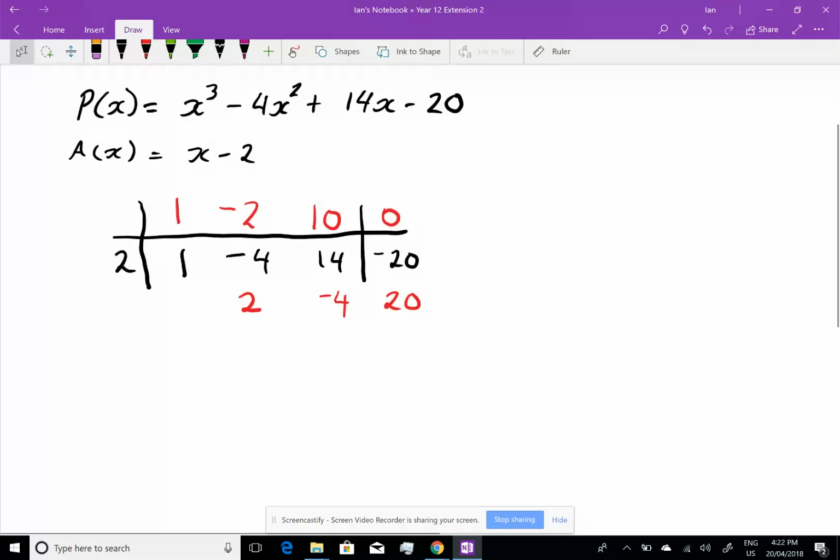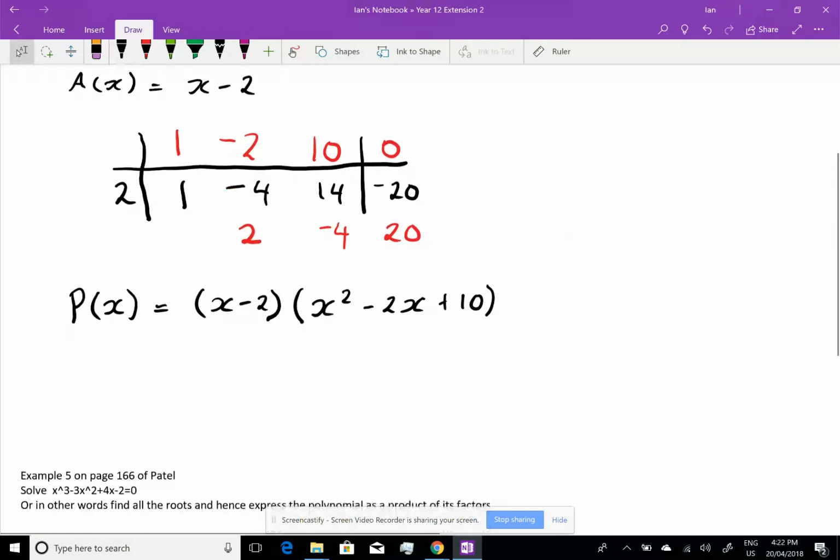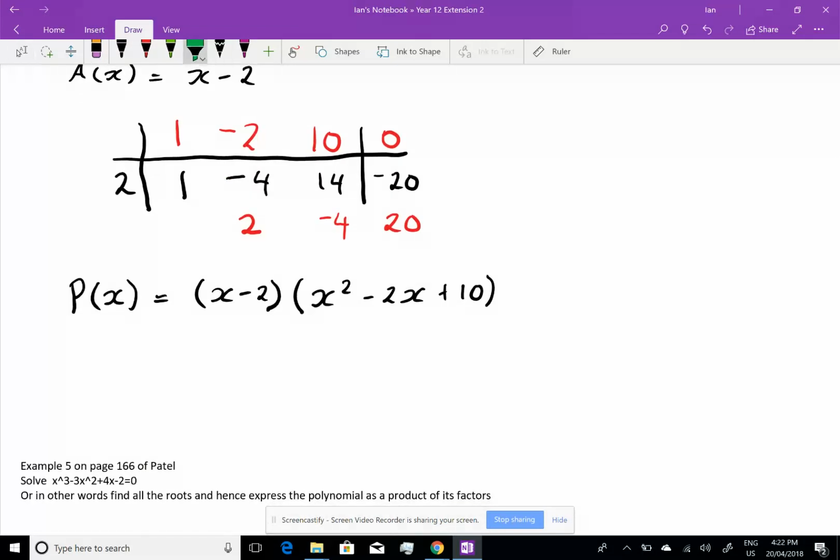So now my polynomial p of x is x minus 2 times, and what have I got here? Well, I've got x squared minus 2x plus 10. And straight away I look at this.